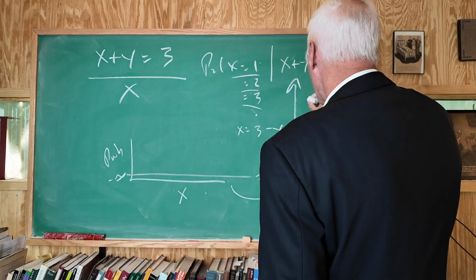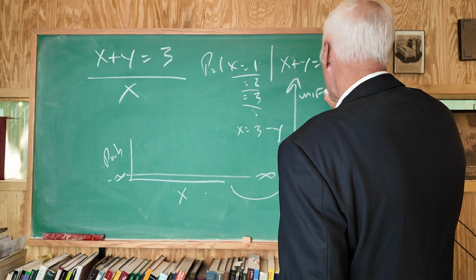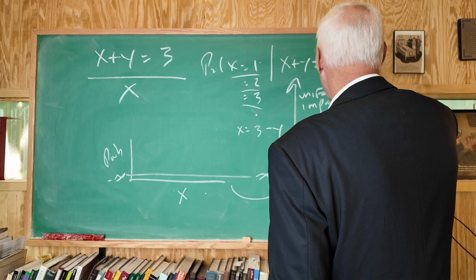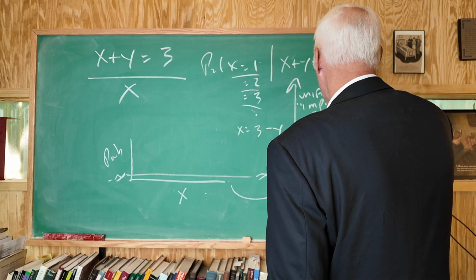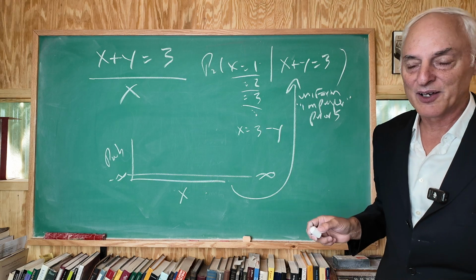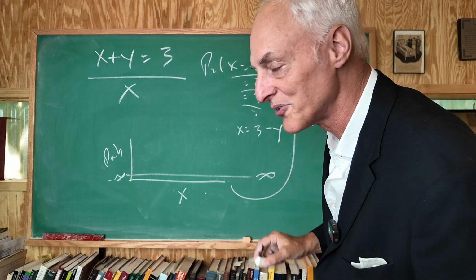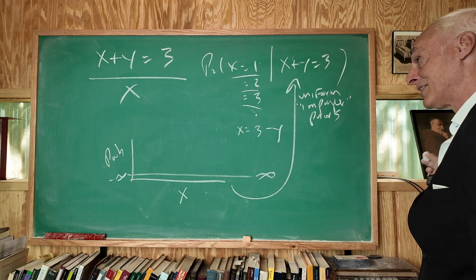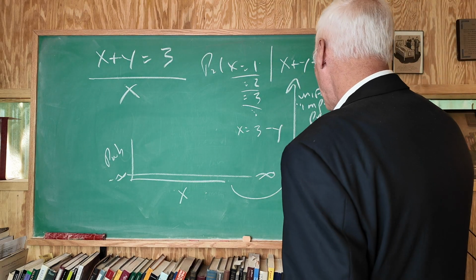I can add this uniform business, improper priors. They call them improper priors. Improper meaning it's not a probability. I know it's not a probability, but I'm going to use it anyway because I want to get a mathematical solution. So I'm going to cheat and hope it doesn't bite me. That's what people do. I could use maximum entropy.